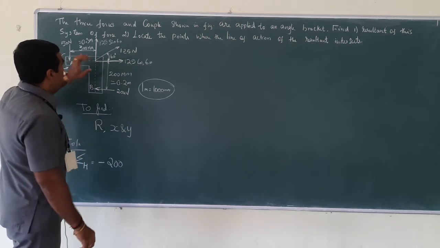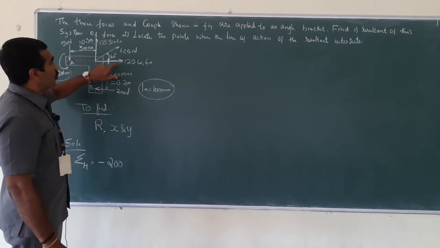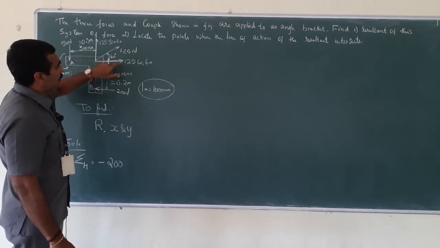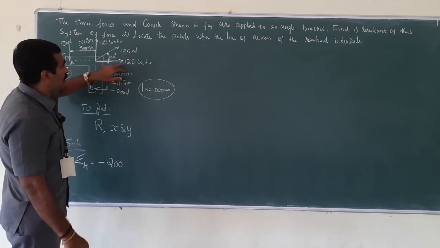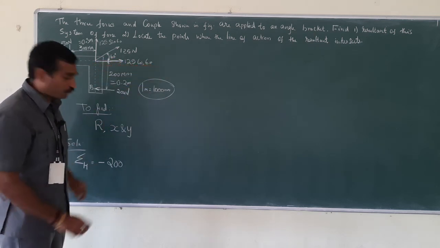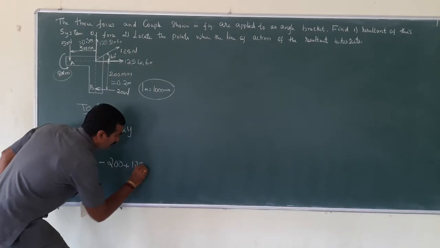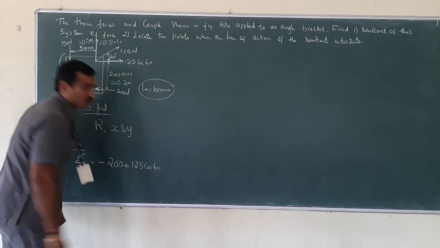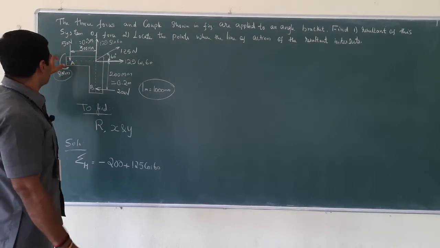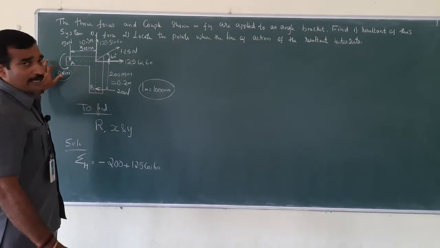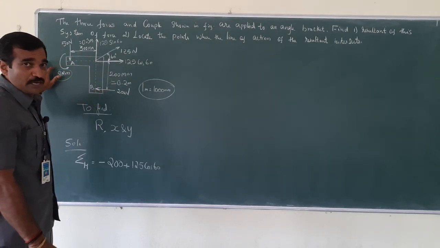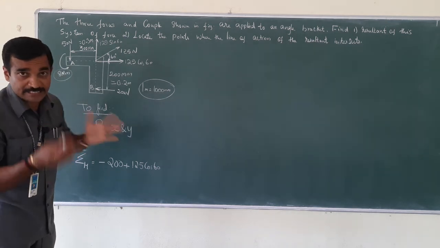And the force which is acting in the positive x direction of magnitude 125 cos 60 will carry the positive sign, plus 125 cos 60. Are there any other horizontal forces? You should not take this as a force because this is a couple. This is already a moment.